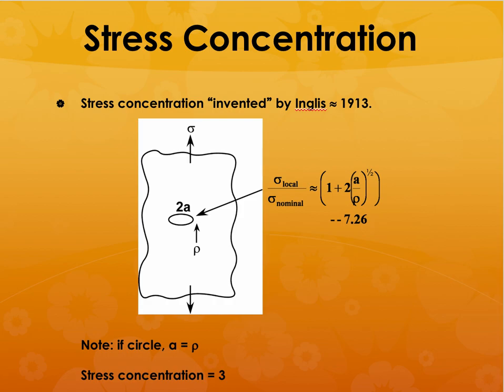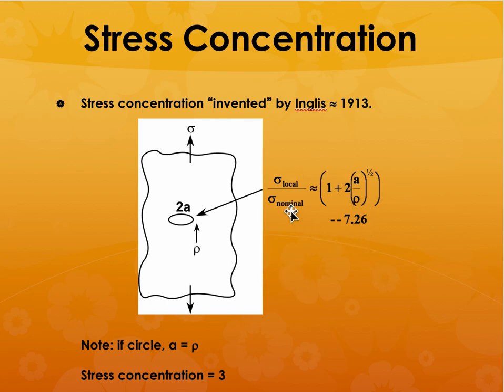So suppose you had a panel and you had a square hole in it. Those square holes had higher stress concentrations at the edges than in the center. But suppose you had a hole and it was a circular one or an elliptical one.